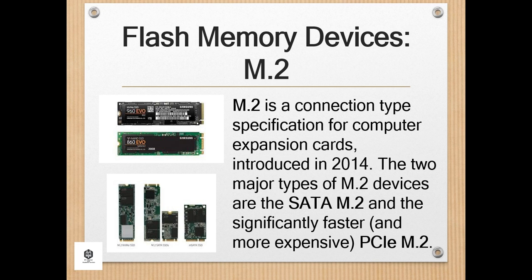M.2 is often used for storage devices such as SSD and high-performance non-volatile memory storage such as Intel Optane. Other devices that are not storage devices that support the M.2 standard include Bluetooth, NFC, satellite navigation, or Wi-Fi.